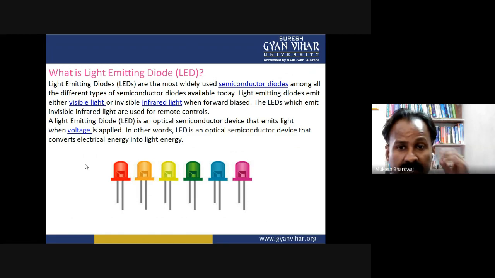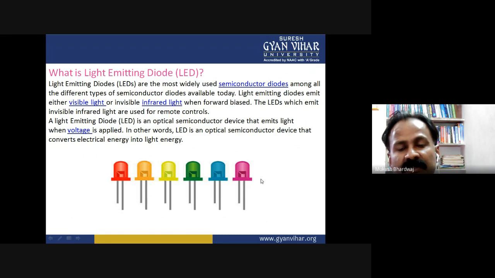The LEDs which emit invisible infrared light are used for remote controls. A light emitting diode is an optical semiconductor device which emits light when voltage is applied. In other words, LED is an optical semiconductor device that converts electrical energy into light energy.